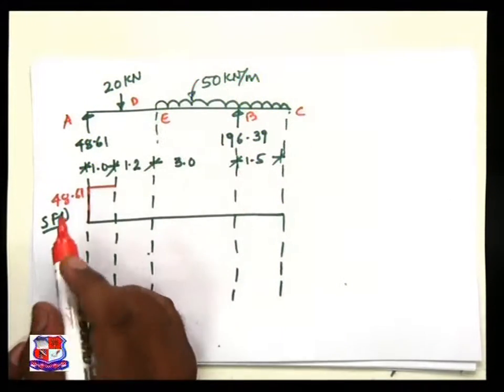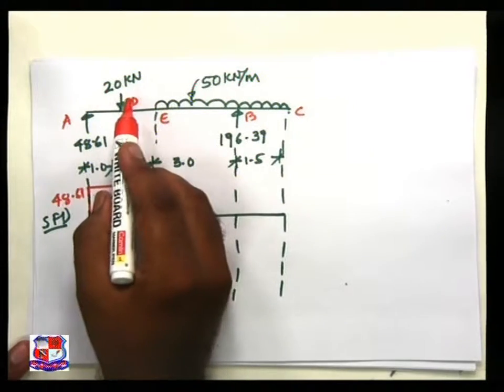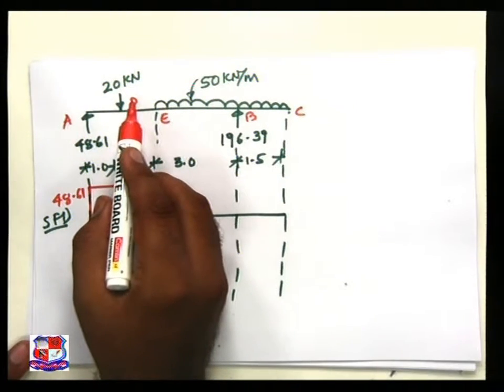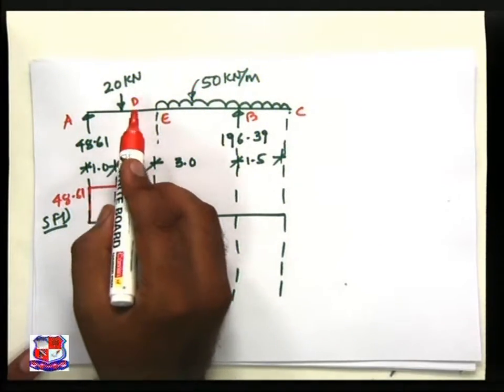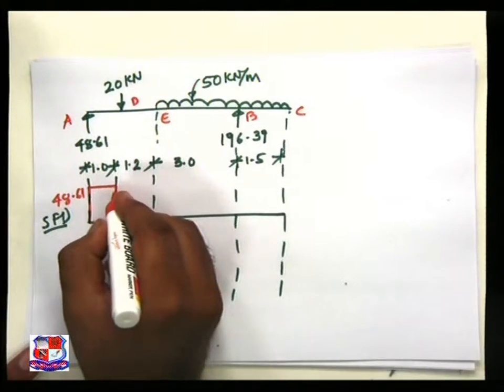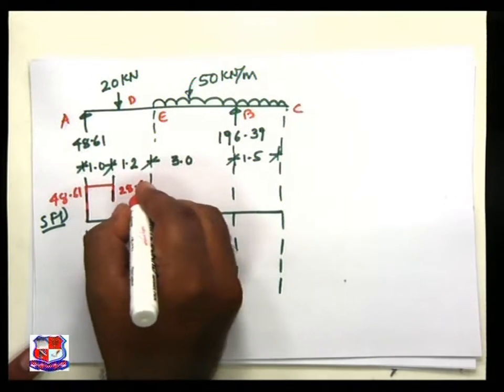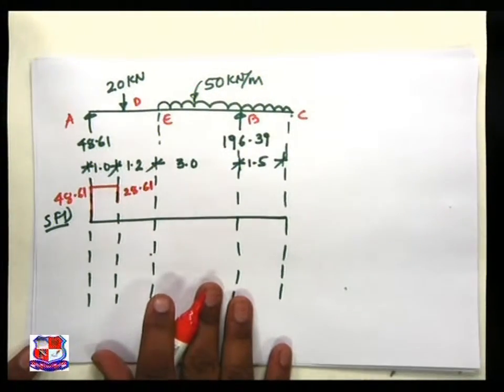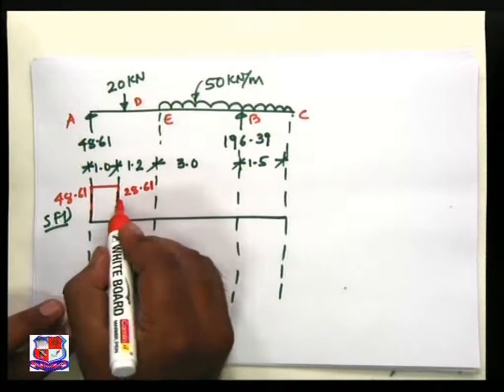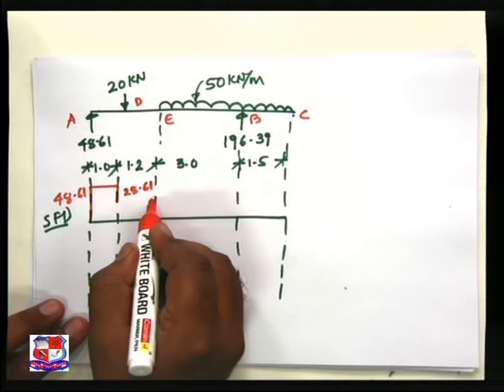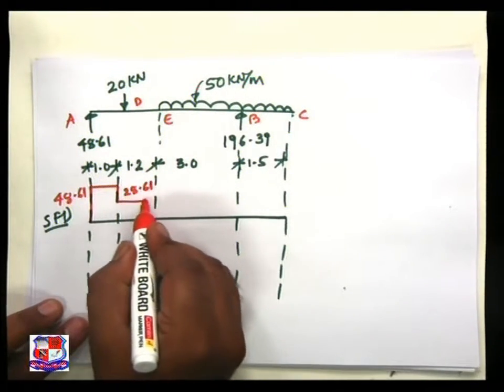So 48.61 minus 20, we got 28.61. Now between D and E there is only the UDL, so the variation is given by an inclined straight line.